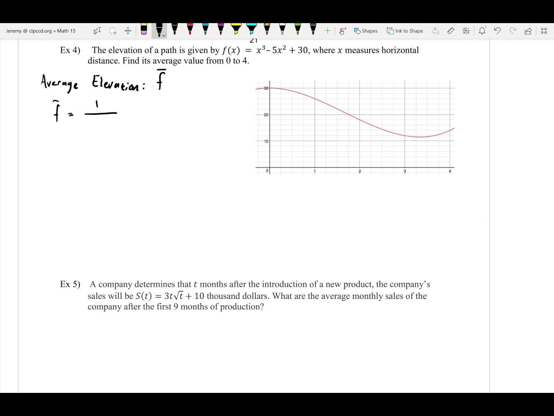What is a? So we're saying average value from 0 to 4. So 0 is the left endpoint, 4 is the right endpoint. So 0 is going to be a, 4 is going to be b. So down here we'll do 4 minus 0. And then the integral from 0 to 4 of f of x, which is given to us, the cubic function x cubed minus 5x squared plus 30 dx.